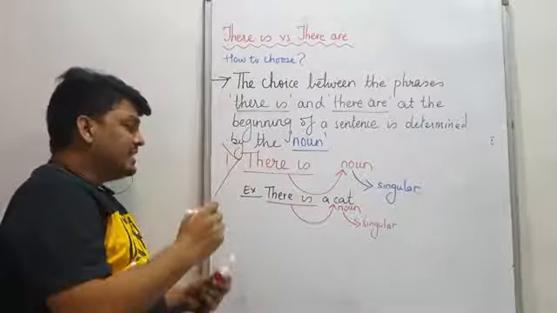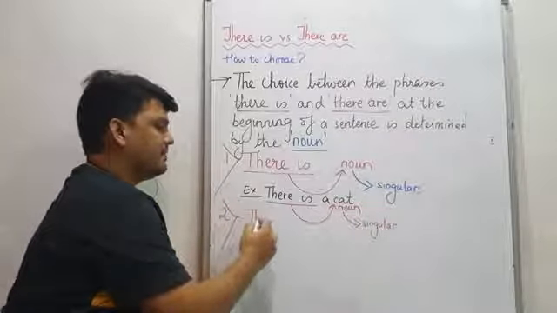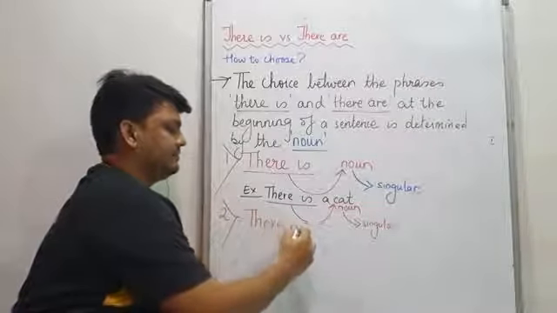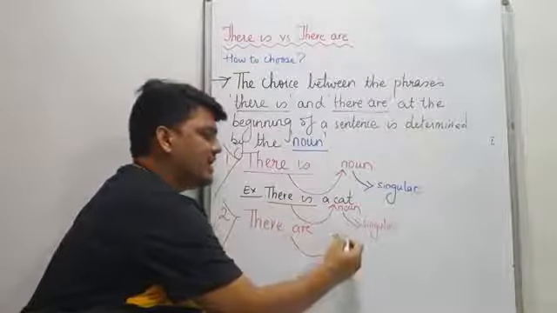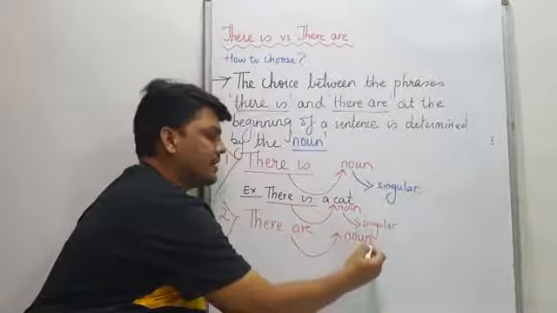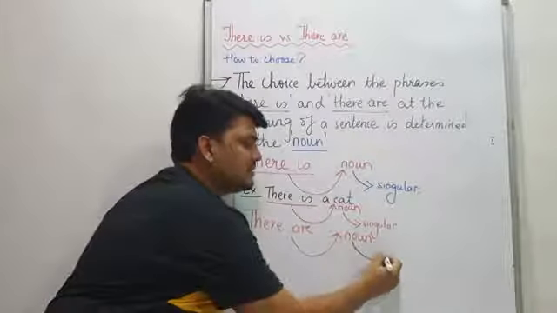The same goes with the second one, student. The second one is there are. Even there are is followed by a noun, but this noun should be what? Plural.